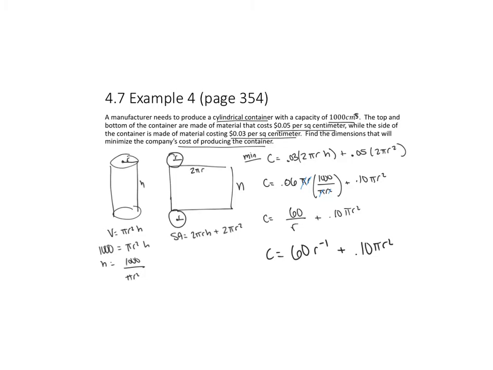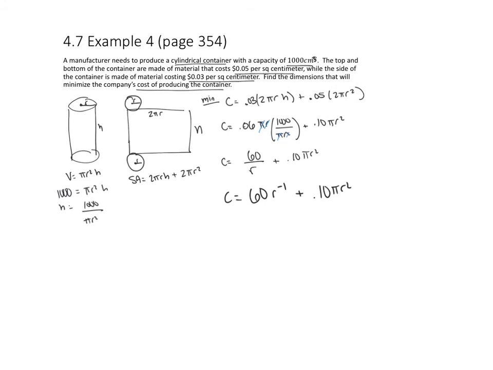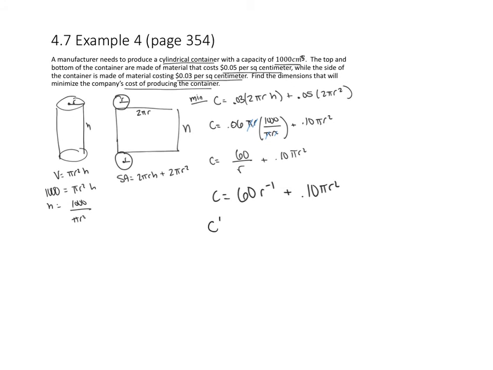So our next step on the path to find the min or the max is to take the derivative. So we have the derivative of the cost is going to be negative 60 over r squared plus 20 pi r. Now, again, we want to know when our derivative equals 0 and when our derivative does not exist.